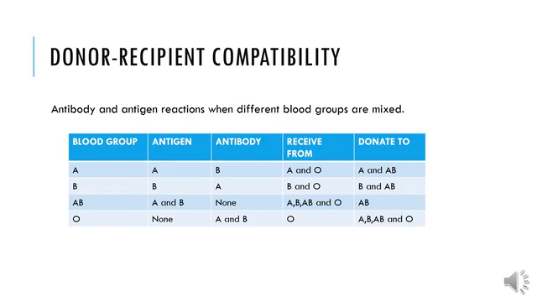A blood group AB person has got antigen A and B. So AB has got both antigens. They will not produce any antibodies, because whichever antibody they produce would attack them since they have both antigens. An AB person can receive from a blood group A, from a blood group B, from a blood group AB, and also from a blood group O. From this, you're able to see that AB is receiving from every other type of blood group, isn't it?